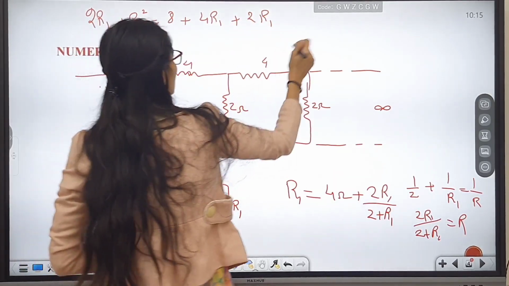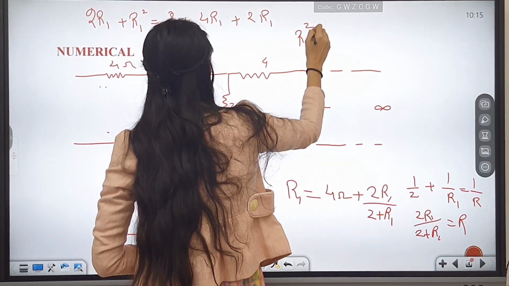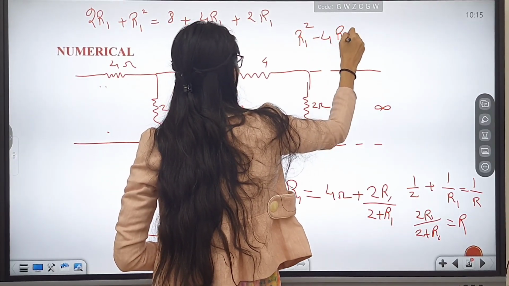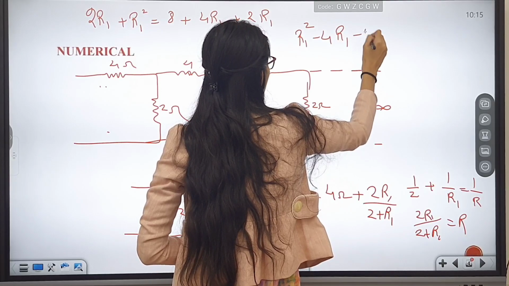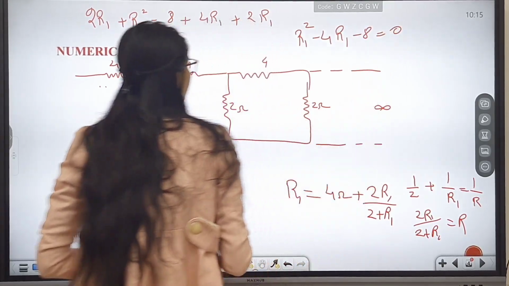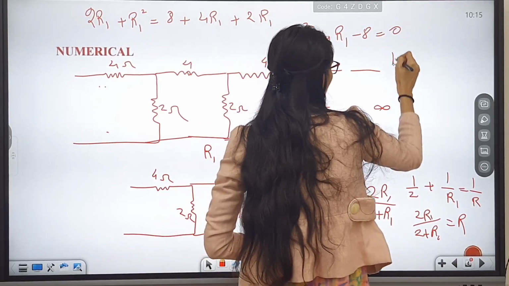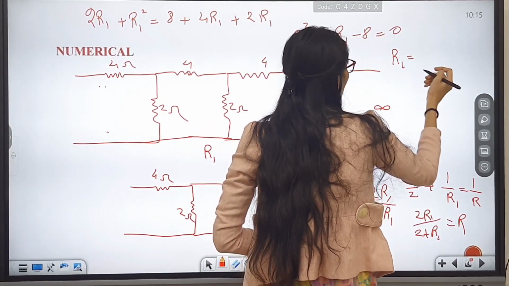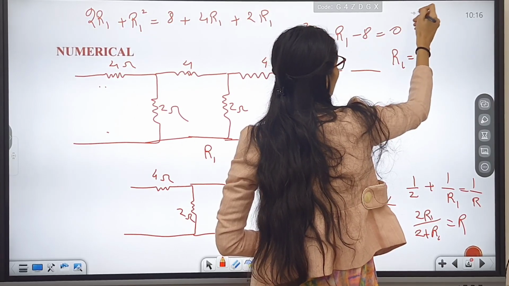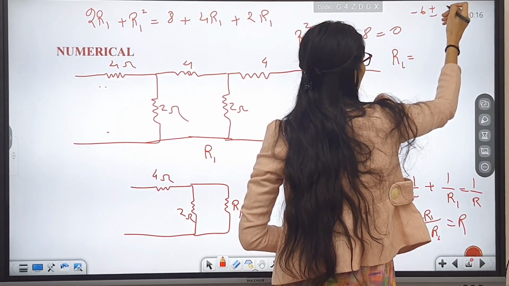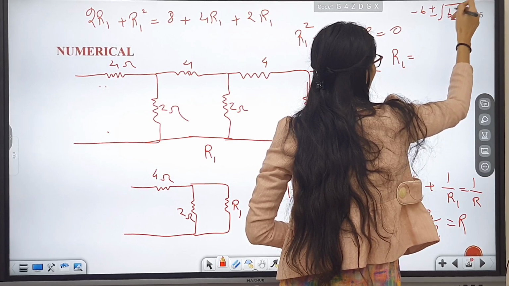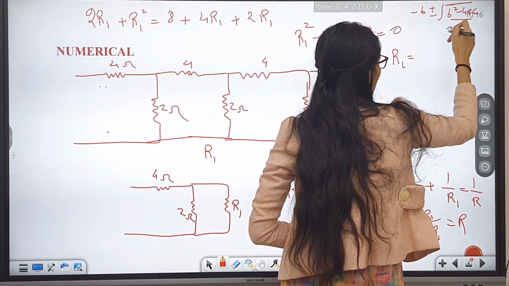After solving this, you will reach R1 square minus 4R1 minus 8 is equal to 0. So this is the quadratic equation, and you will find R1 is equal to minus b plus minus square root of b square minus 4ac upon 2a.